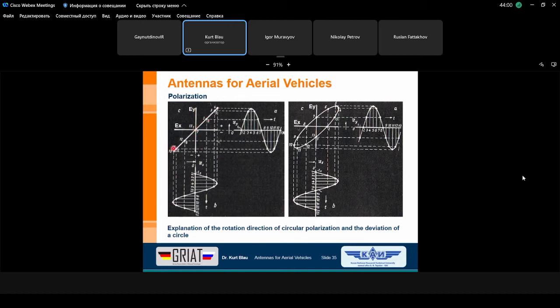This is the case if we have two dipoles arranged perpendicular to each other, one dipole in this x direction and the other in the y direction.